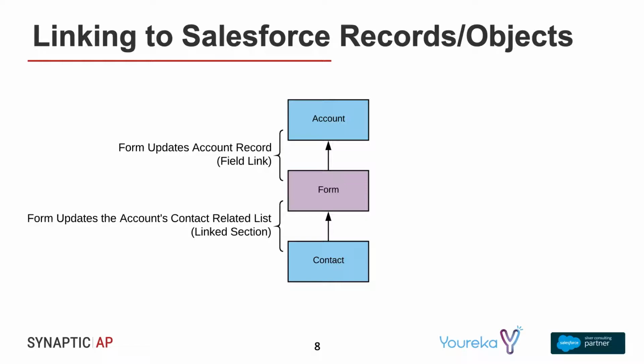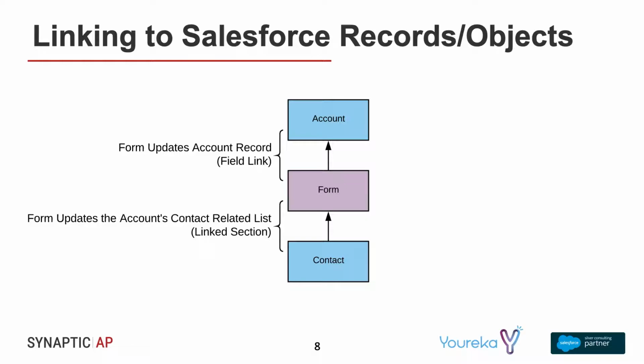Fortunately enough, we also create a field on the contact object that looks up to the form so that you can get started right out of the gate to create link sections in your forms. But if you have a custom object that you want as part of a link section where you want these related lists to be updated, you're going to want to make that relationship happen between that custom object and the form object.